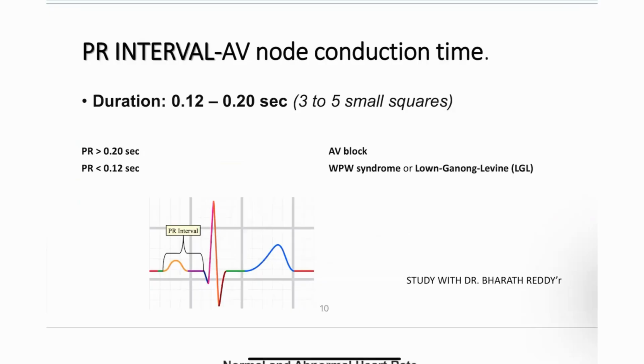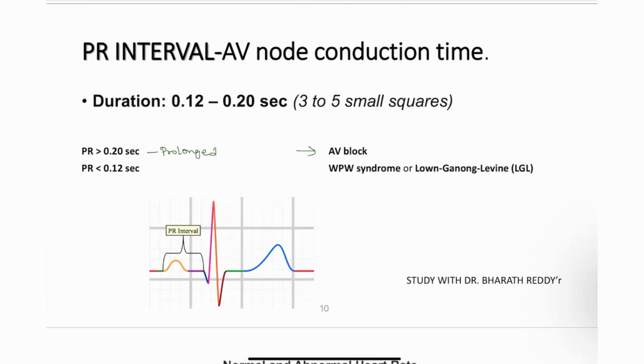Next, PR interval and AV node dysfunction. The PR interval is the AV node conduction time, and it has important factors. For example, if it is prolonged, it signifies AV block. So there is a conduction problem from the P wave through the AV node.